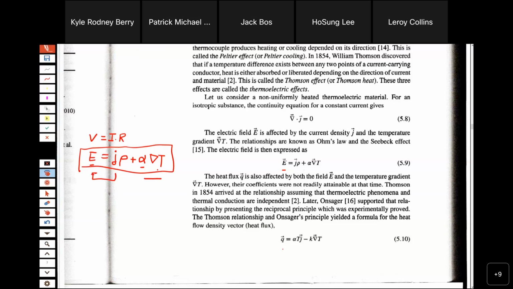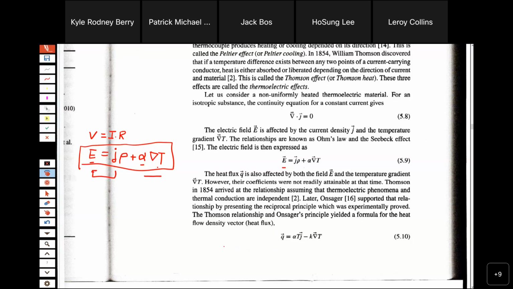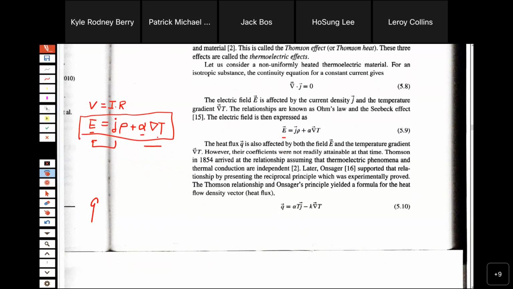Now, the question is heat flow. We know the heat flow density is minus the thermal conductivity times the temperature gradient. That's the heat flow.